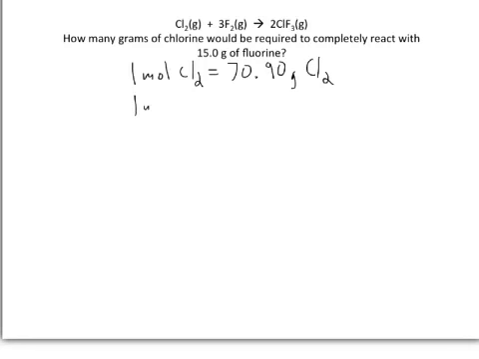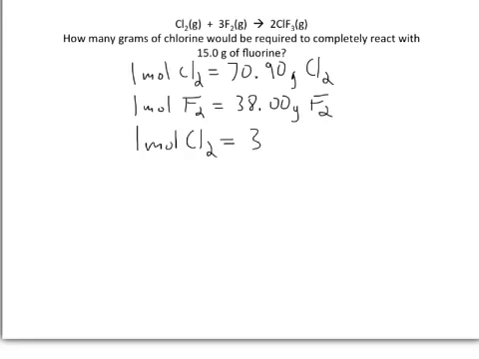So 1 mole of F2 is 38.00 grams of F2. And then the other conversion I need is the mole-to-mole conversion, right? So I'm going to use that 1 mole of chlorine is equivalent to 3 moles of fluorine. So I have that 1 mole of Cl2 is equivalent to 3 moles of F2. So now I'm ready to set up the conversion.